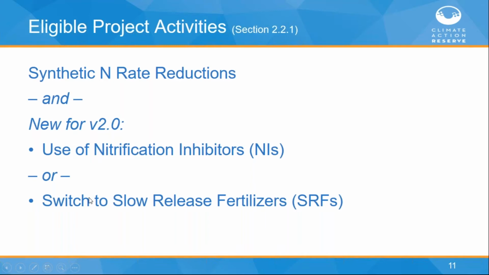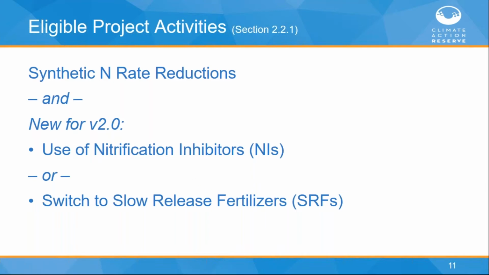Also, nitrification inhibitors and slow release fertilizers cannot be used together, as the benefits are not able to be quantified, and they also are most likely not additive, as both these products serve a similar, though not the same, function of delaying the amount of nitrogen that becomes available in the soil and susceptible for loss as N2O.